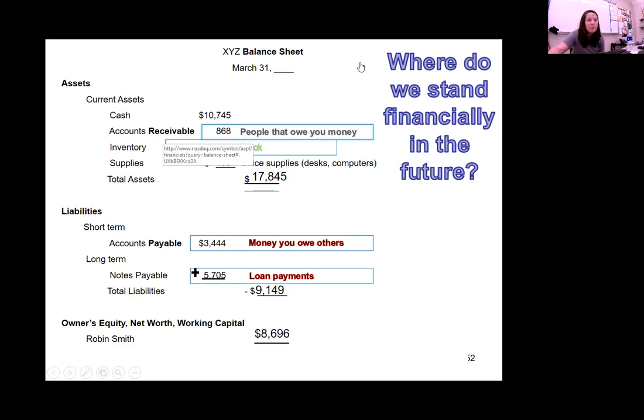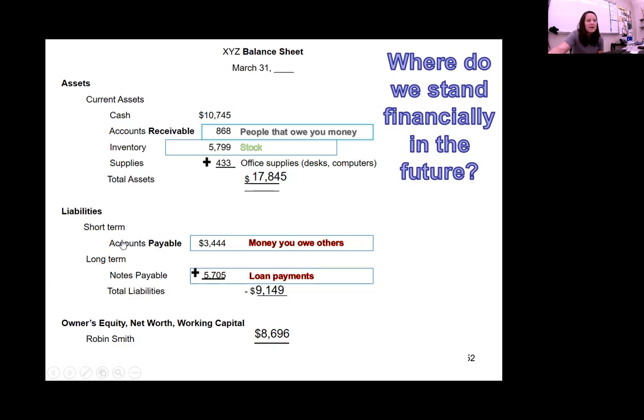So these are companies or customers that actually owe you money. You have inventory, which is your stock in the back. And then you have company supplies like desks, computers, anything that's worth anything of value that's inside the office. So you add all those things up, which gives you your total of how much of the company that you actually own.